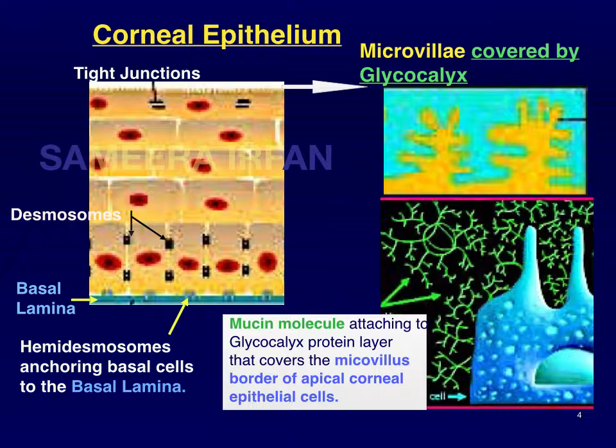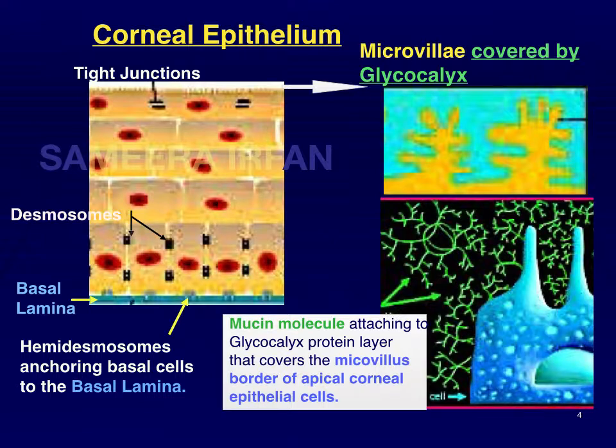The microvilli are covered by a fine, closely opposed, charged glycocalyceal layer. Glycocalyx is a protein layer which is secreted by the surface epithelial cells. That glycocalyx coats the microvilli.